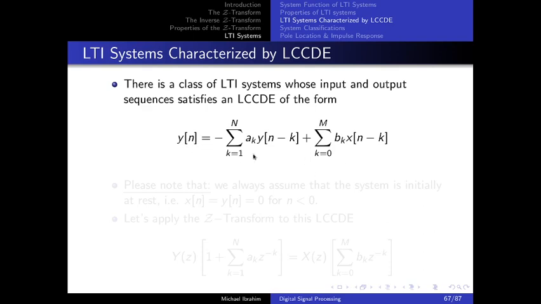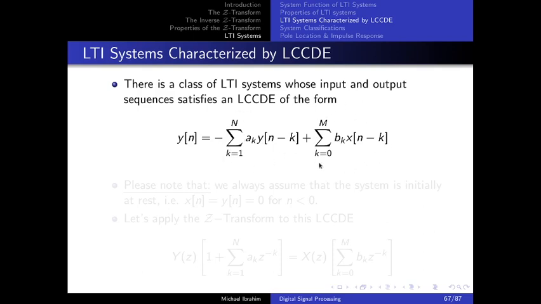The first summation is a k times y of n minus k, the previous outputs. If you put k equals 1, this would be a1 y of n minus 1, the previous output. a2 times y of n minus 2 is the output before, a3 times y of n minus 3 is the output before that, and so on. So this term represents the dependence on the previous output.